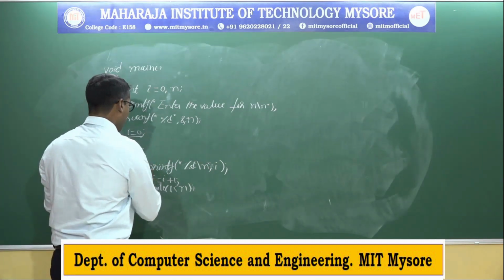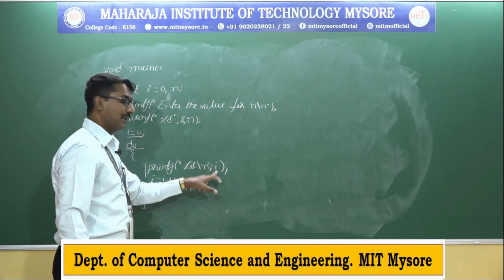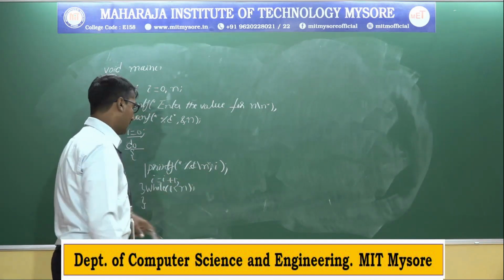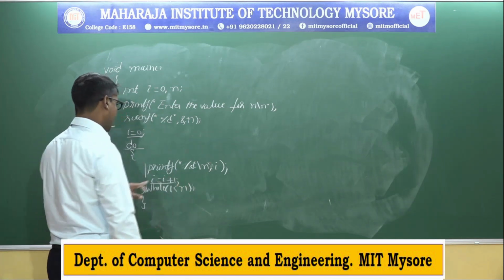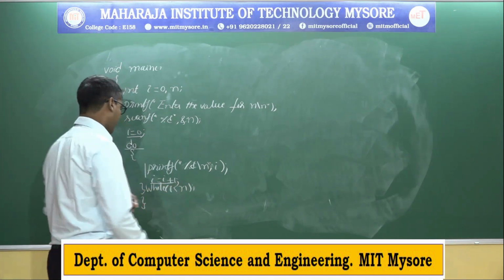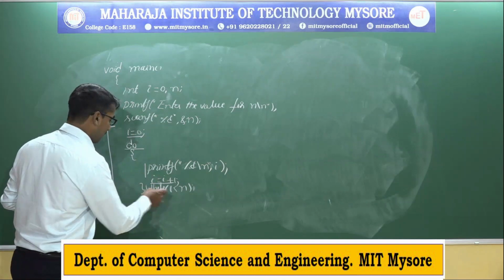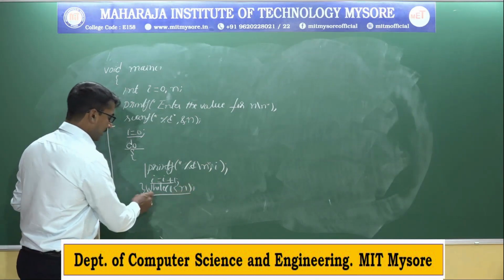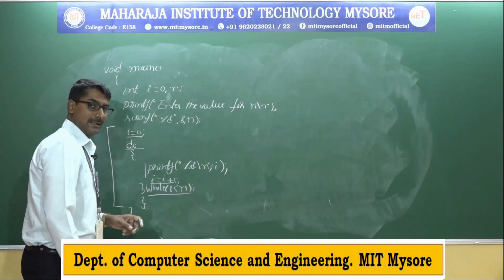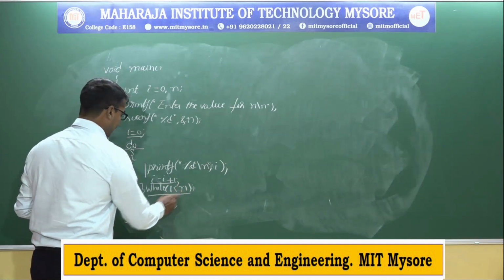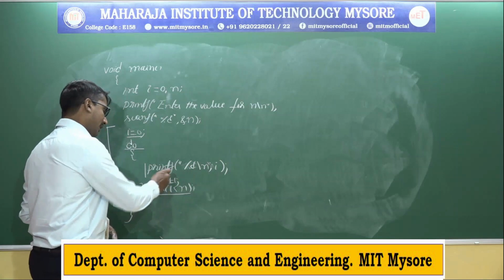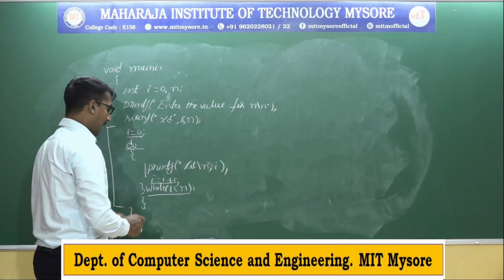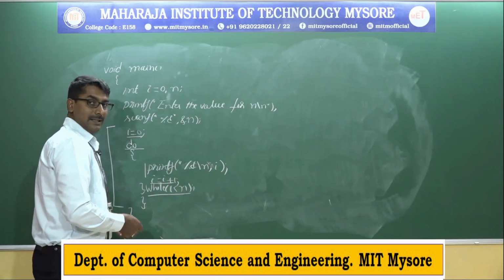Here we print the value, printf %d, i. Here we are printing the value of i. After printing the value of i, incrementing the value of i: i is equal to i plus 1. After incrementing the value, we are checking the condition. The condition is while i less than n. If the condition is satisfied, it will go back to the loop again, print the value, increment the i value, and once again check the condition.